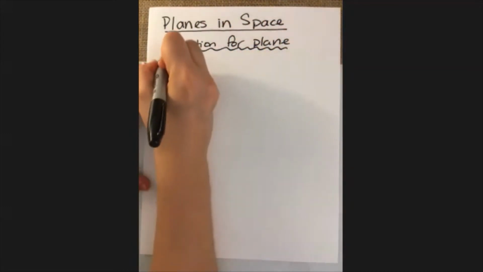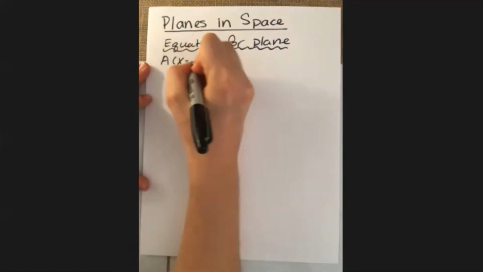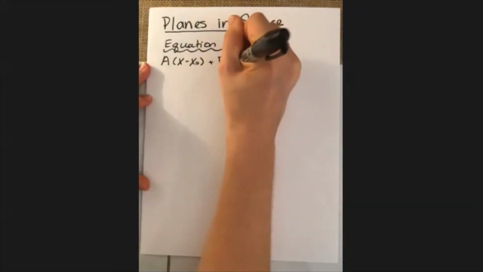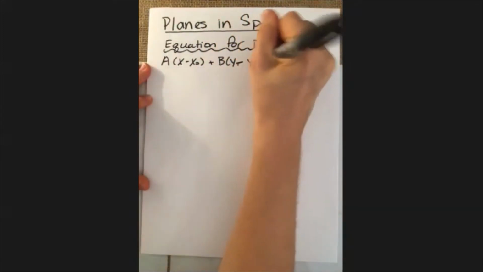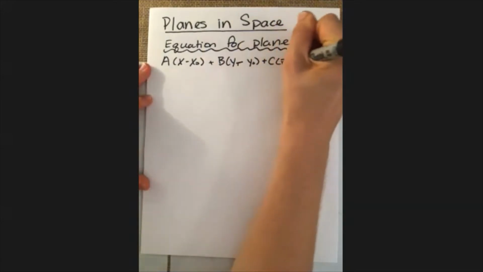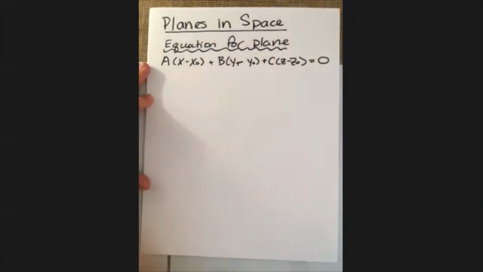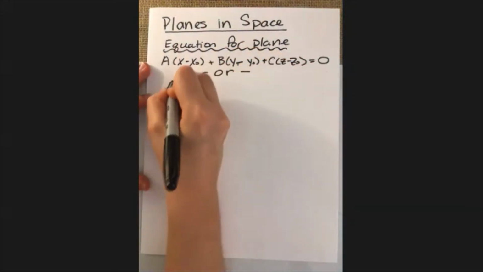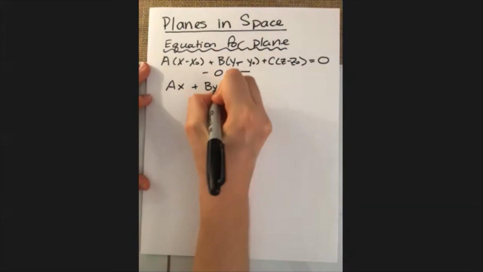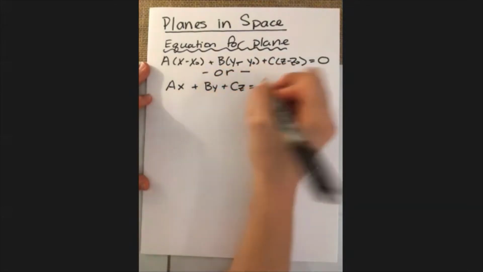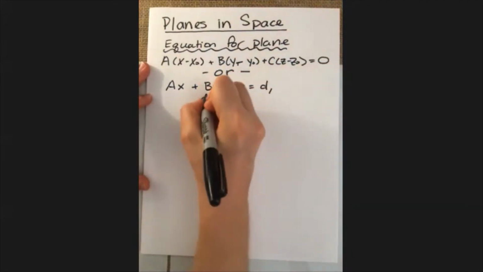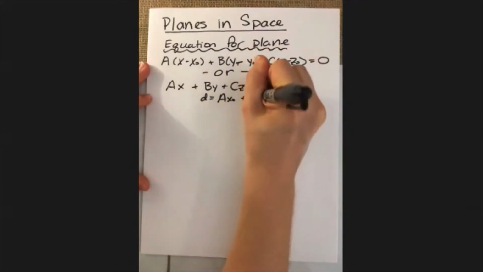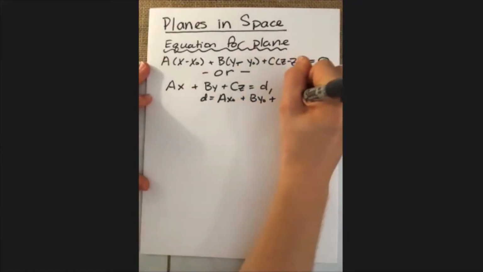So a plane is given by a times (x minus x naught) plus b times (y minus y naught) plus c times (z minus z naught) is equal to 0. Or an alternative way to express this is to say that ax plus by plus cz has to be equal to d, where d is equal to a x naught plus b y naught plus c z naught.